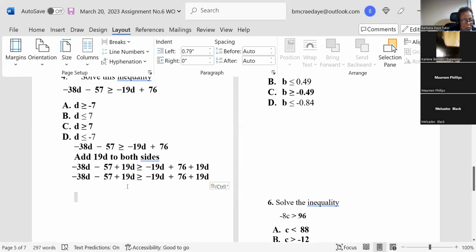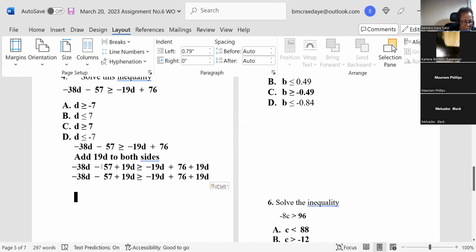So the minus 38D and the 19D gives you what? So what do you get from a minus 38D and a plus 19D? 38, 19, what do you get? 19. Plus or minus? Minus. That's it.